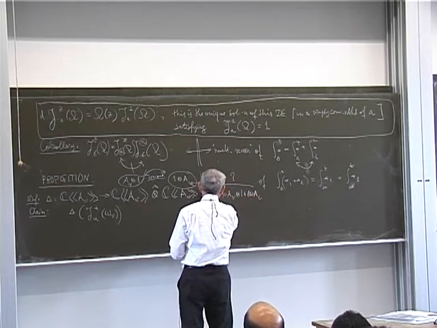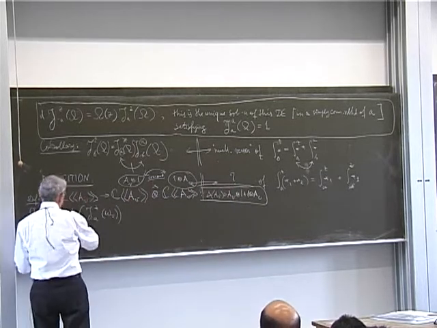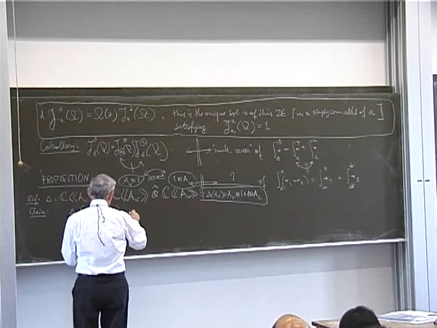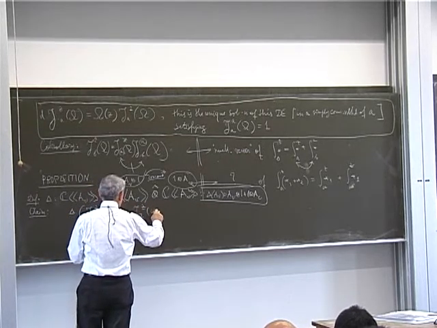This is the definition. And the claim is that if I apply delta to this, the result will be just the tensor square of delta.